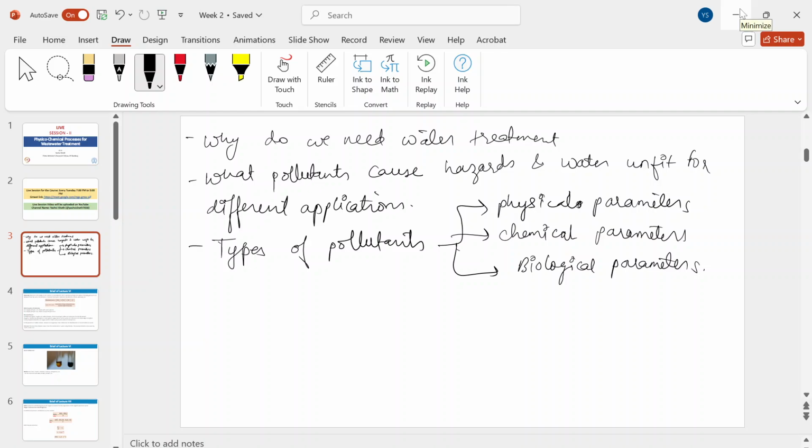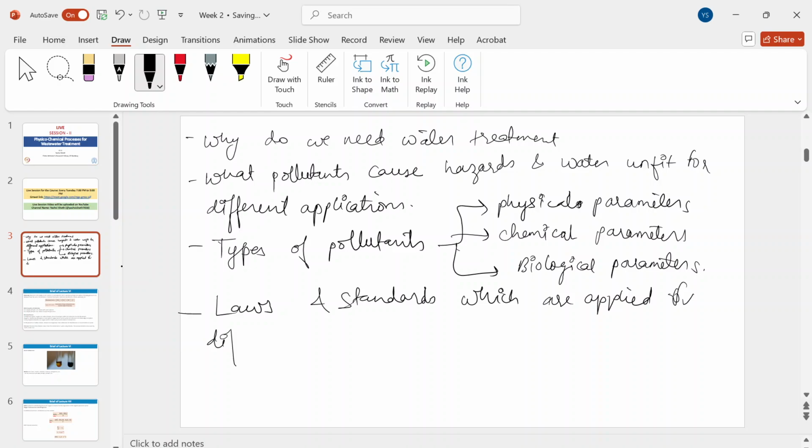Also, we had seen various laws and standards which are applied for different pollutants depending on the application and the field.